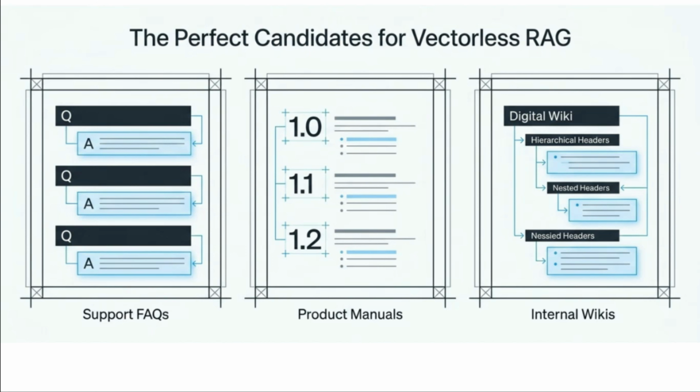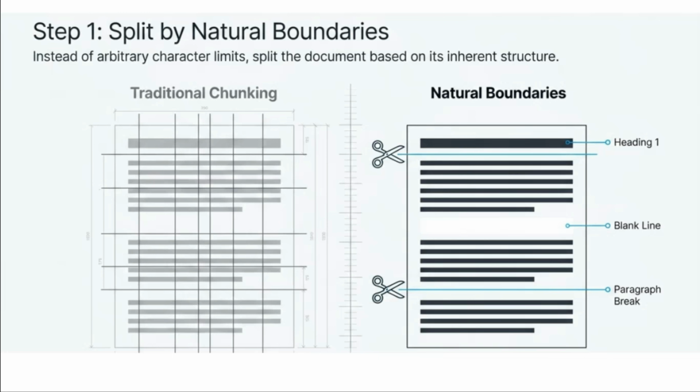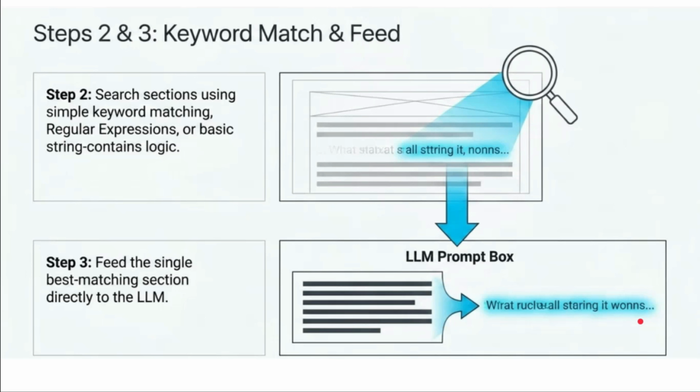Now, how does this Vectorless RAG actually work? The idea is embarrassingly simple, and that is why it works so well. Here's the whole algorithm. Step 1. You take your document and split it into sections based on natural boundaries like headings, blank lines, paragraph breaks, whatever makes sense to your document.